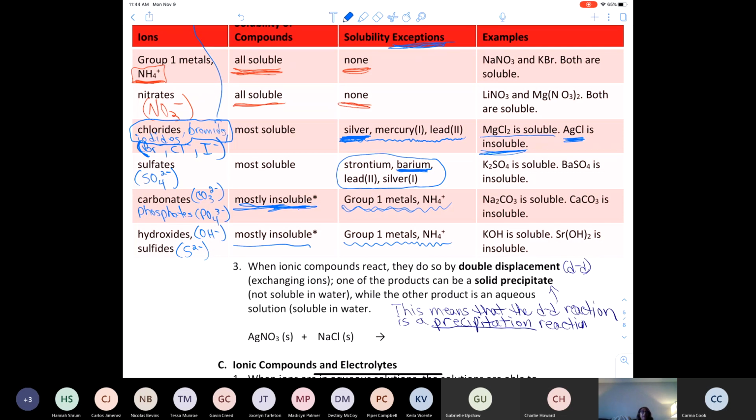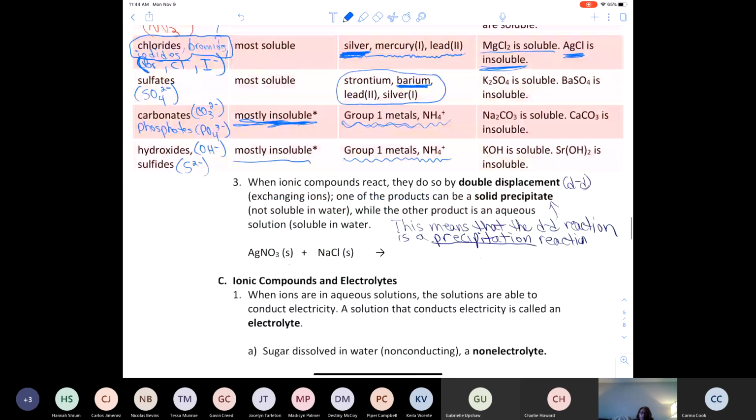Ionic compounds can react with each other. When they react with each other, they do a double displacement. In other words, they exchange ions with each other. And then you'll get two products. You'll have two different situations.